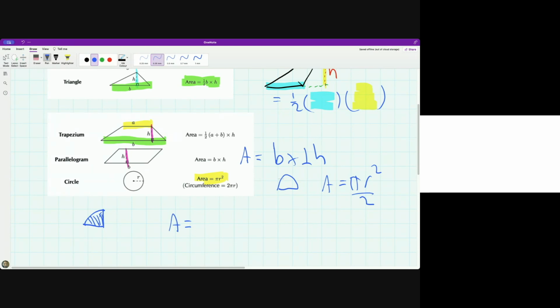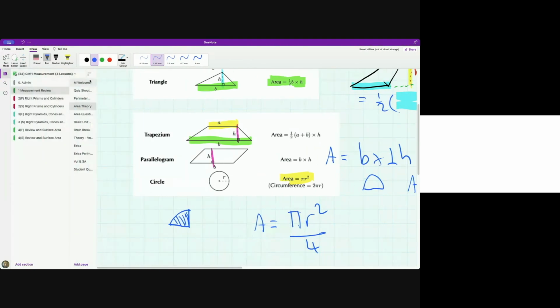Who feels like they can figure that one out? I think you all know that all you need to do is say the area of a circle divided by 4. Okay, so those are the basic area formulas that we need to keep in mind.